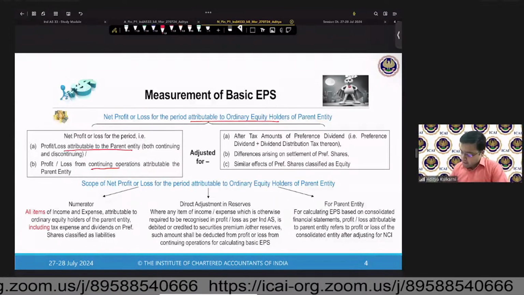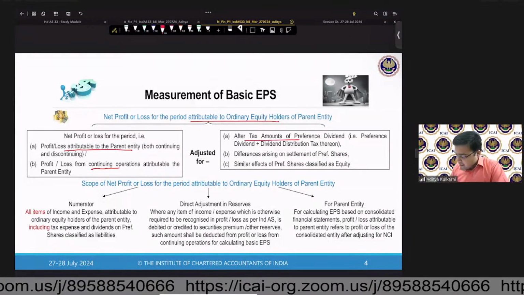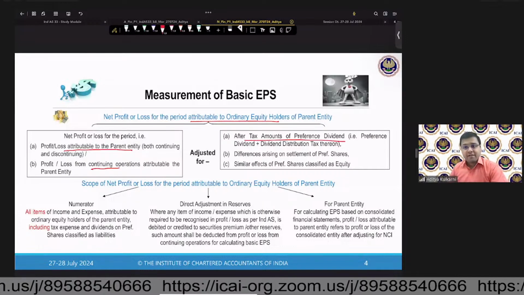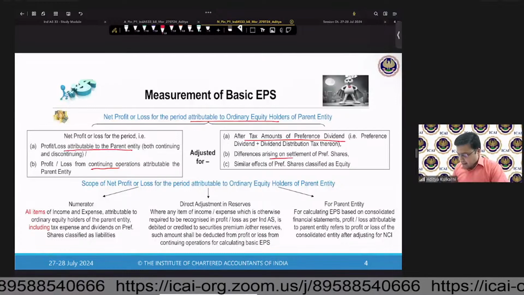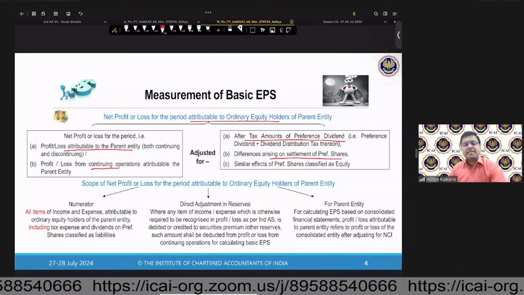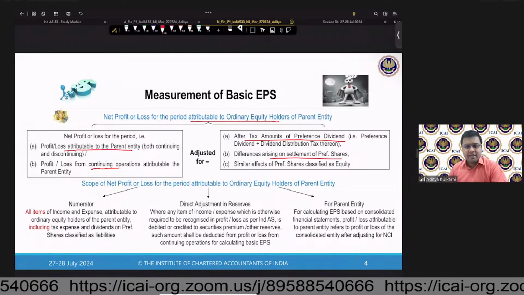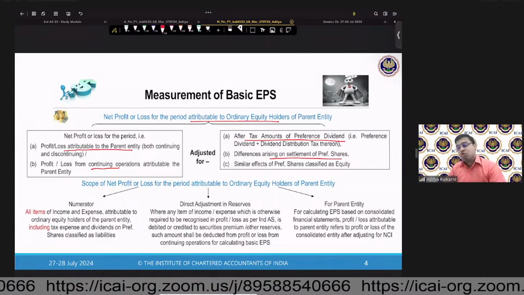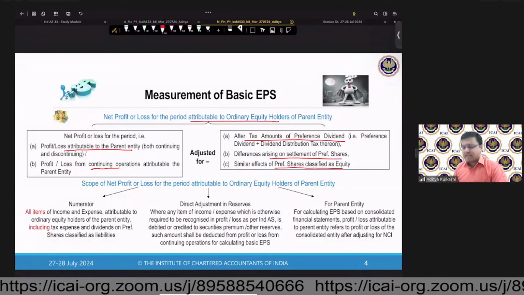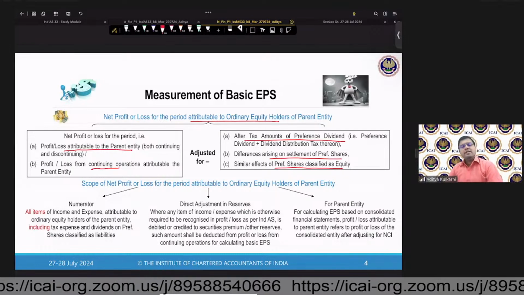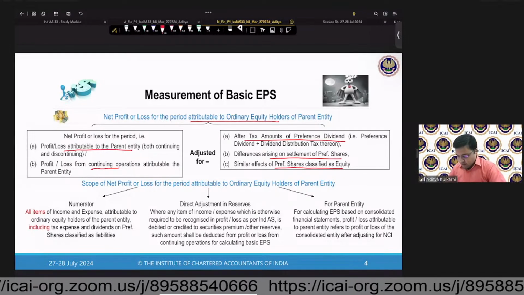So we will be adjusting it for after tax amounts of preference dividend, if there are any preference shares in the capital structure, and any differences arising on settlement of preference shares. If you go for redemption of preference shares, you end up paying a premium. So those also will come here, and similar effects for preference shares classified as equity. So these are the adjustments that we are going to do.